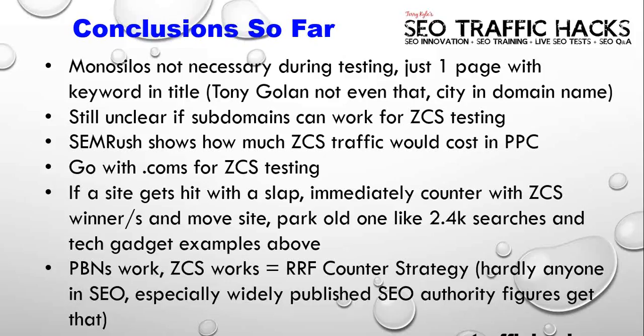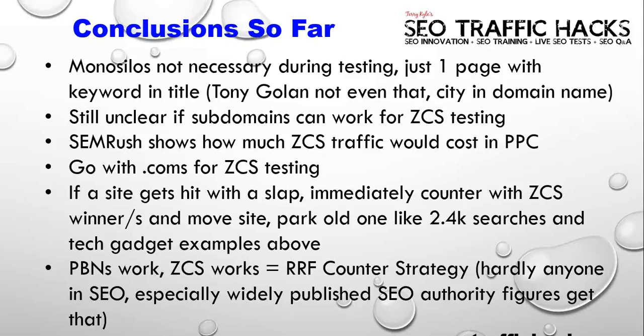We also know that zero content SEO works really, really well, and that we're working up and around and evading that random rankings factor, and with these two things working together, what we have really is the perfect random rankings factor counter strategy and sort of anti-slap strategy as well.